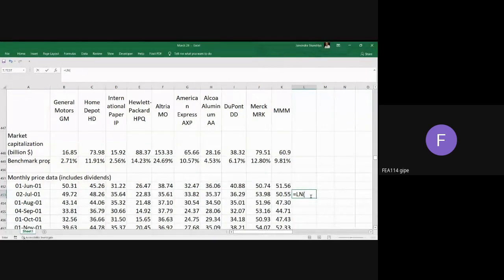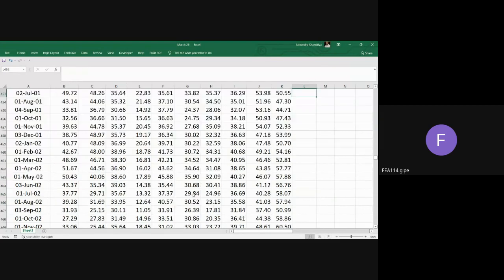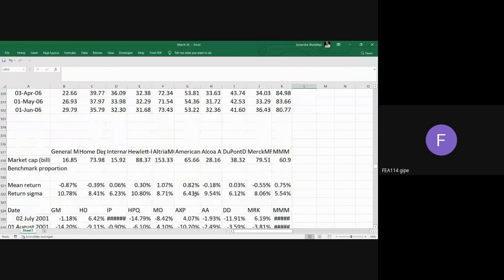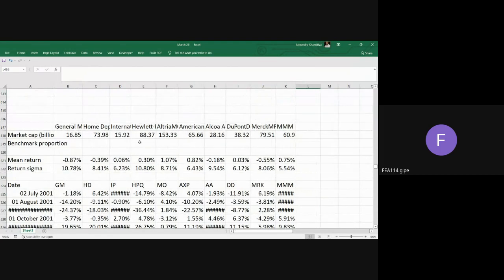So if I take the log of this, it becomes my log return. I do this for all, and my log return is ready for all this portfolio, which is already done, so I'm not doing this. I straightaway go to the next cells where this is already given.